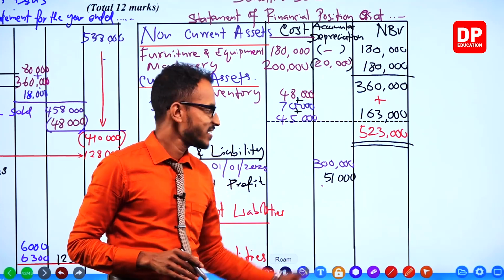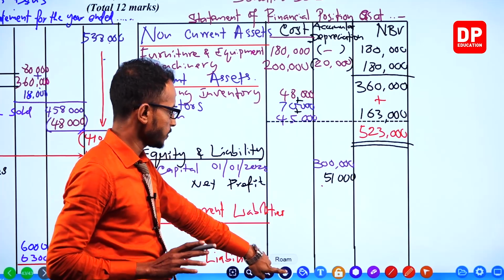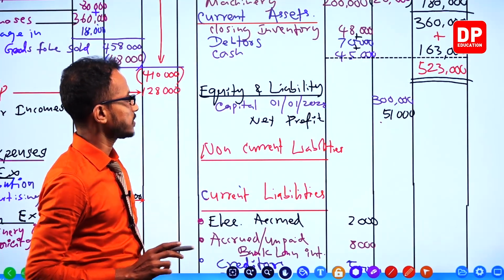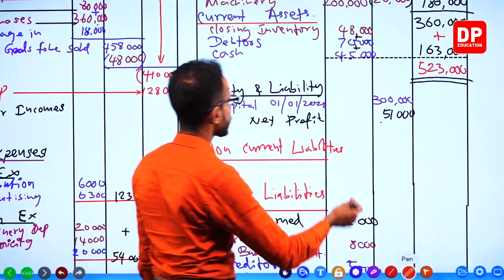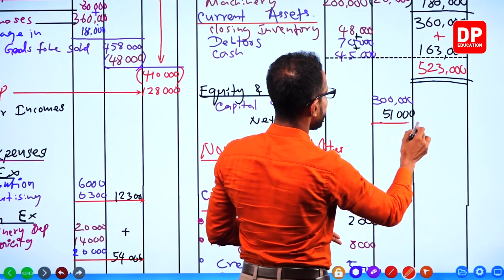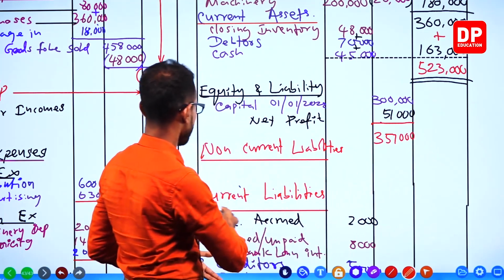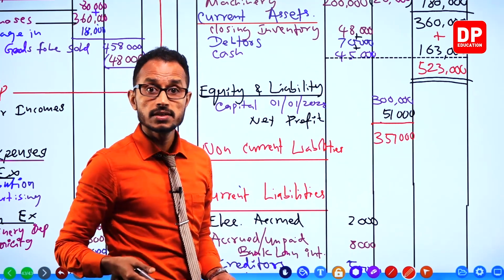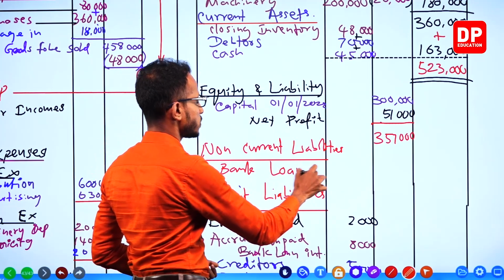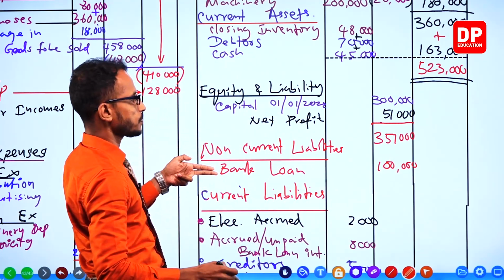Now it's just a matter of getting the equity and liabilities, and see whether it tallies. Let's take the equity and liabilities. Equity section, we have 351,000 here. Liabilities, oh, we forgot to put the bank loan here, right? Non-current. Bank loan 100,000, we forgot. Put the 100,000 for non-current liabilities.